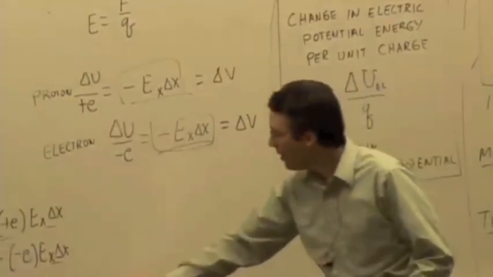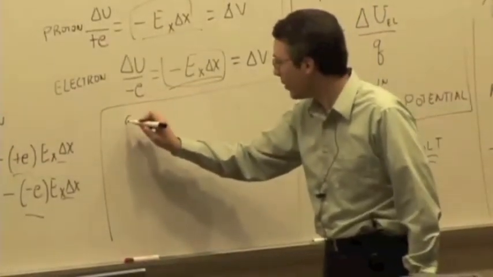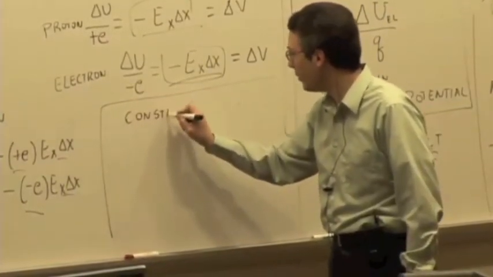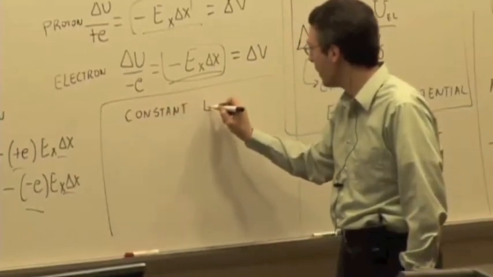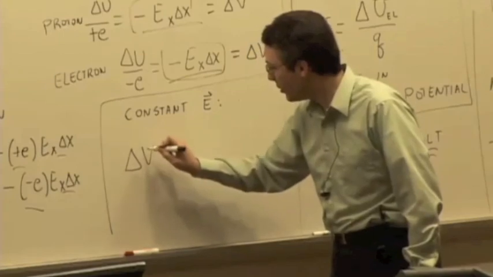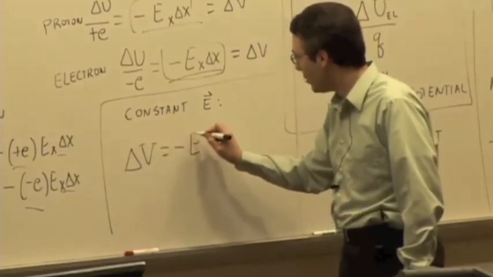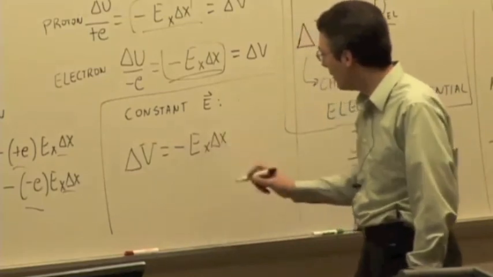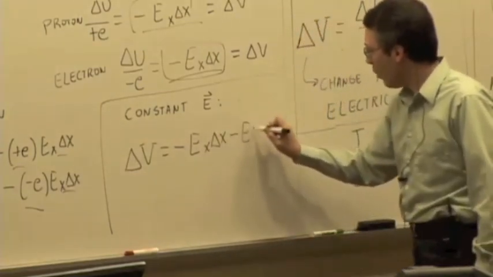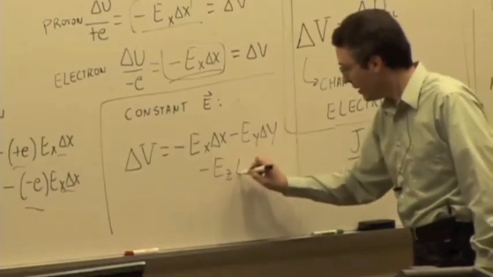And so we can write that more generally, at least for the case of a constant field, a constant electric field or a uniform electric field. We can relate the change in energy per unit charge, the change in electric potential, to the electric field. It's equal to negative E_x delta x minus E_y delta y minus E_z delta z.